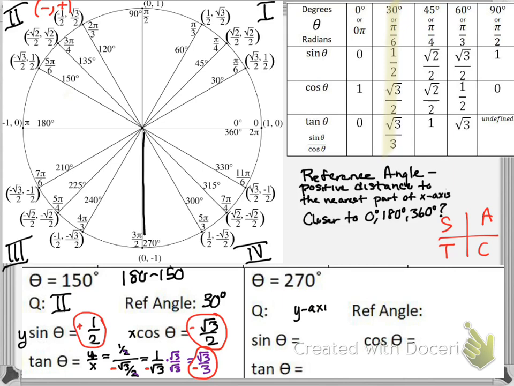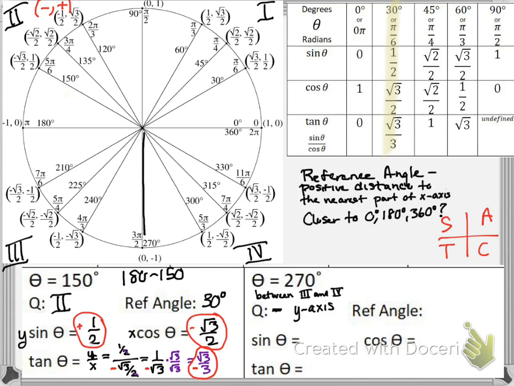But I still need to know, is it on the positive part of the y-axis or the negative? It's on the negative part of the y-axis. That's a good enough answer for that. Or you could say between quadrant 3 and 4.